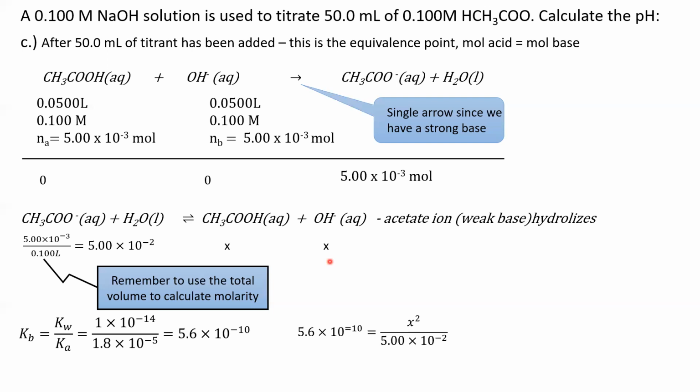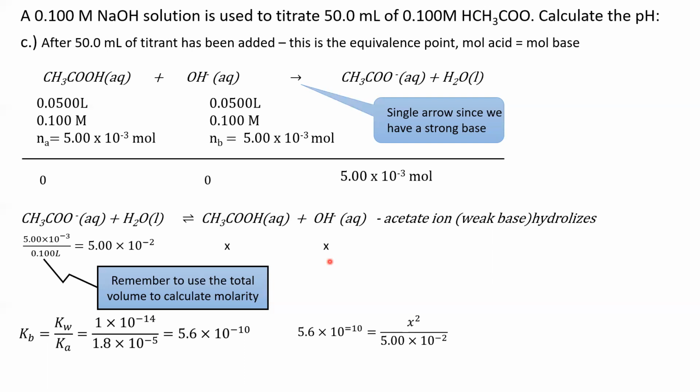Now remember that when you solve for X, that's hydroxide. So when you take the negative log of that, that's going to give you pOH. You're going to have to subtract it from 14 to figure out pH. When you think you have it, put it into the chat. Let's see what you got.